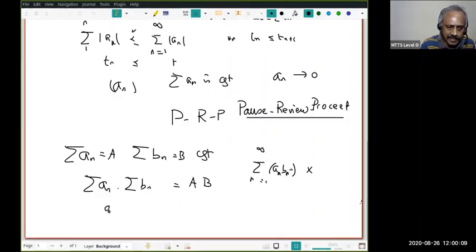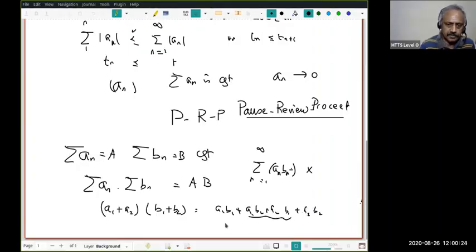Because if it's a finite sum, let's say a_1 plus a_2 and b_1 plus b_2, the product will be a_1 b_1 plus a_1 b_2 plus a_2 b_1 plus a_2 b_2. There are extra terms, not only a_1 b_1 and a_2 b_2. So we have to define the product of two infinite series a little more carefully. Is that understood?